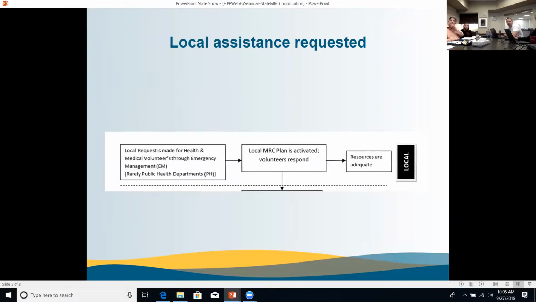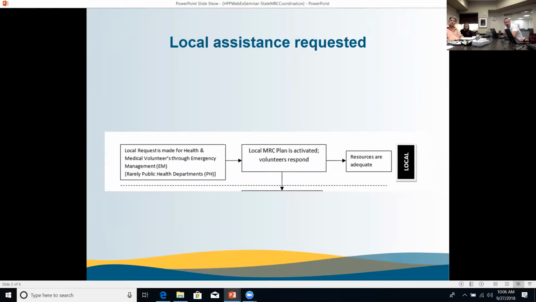So the first is local assistance. When local resources become overwhelmed, there's a way for local emergency management or local public health departments to request those volunteers. And we always say disasters start and end locally.